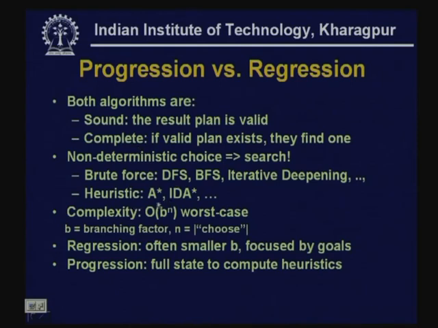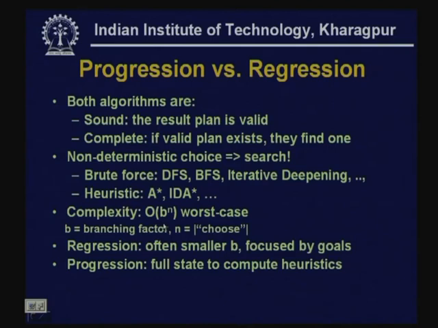If you are using search, you can do different types of search that you have studied in this class: depth first search or breadth first search or iterative deepening search, A star, IDA star, etc. But as you know, the complexity of search is exponential in the worst case. So, in the worst case, the time taken for search is O of b to the power n, where b is the branching factor.